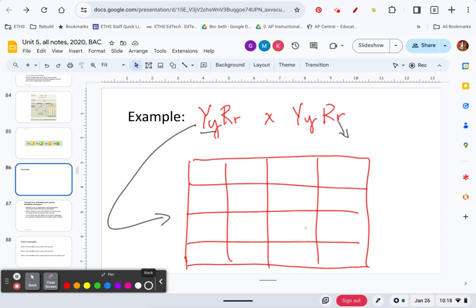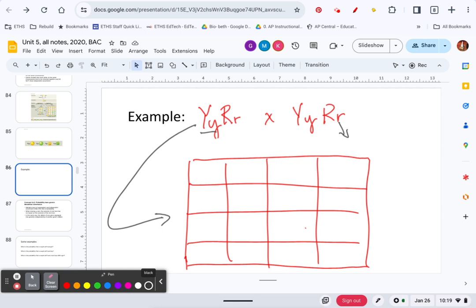I could pass down big Y, or I could pass down little y. But we also need to look at the second trait, which is round versus wrinkle. What could I pass down? Big R for round, or little r for wrinkle. I need to know the combinations of those I can have.